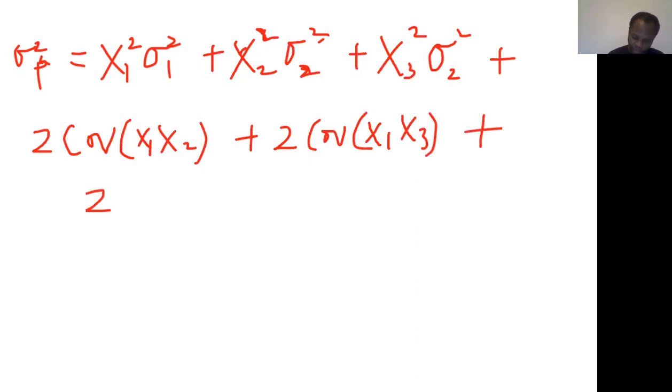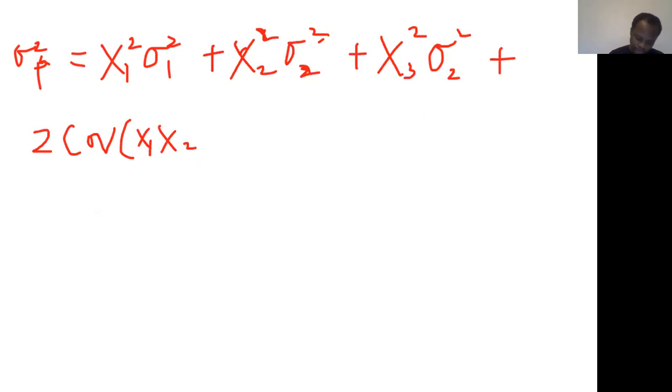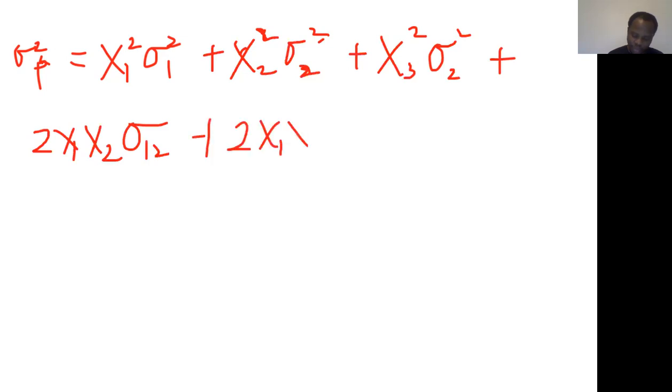Let me clear this. Plus 2 x1 x2 covariance of 1 and 2, plus 2 x1 x3 covariance of 1 and 3, plus 2 x2 x3 covariance of 2 and 3, right?